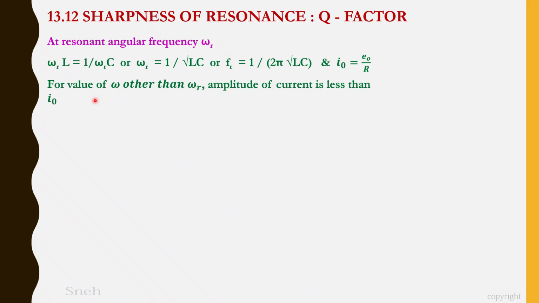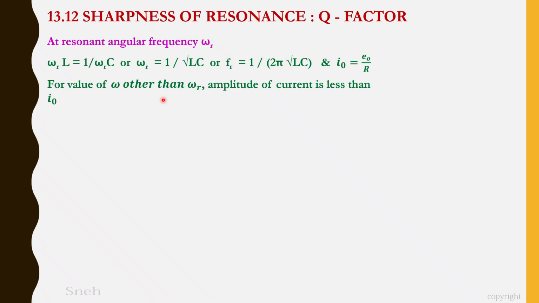But is it possible for all values of omega? No. For values of omega other than omega r, the amplitude of current is less than I0. The current's amplitude goes on decreasing. Its value is smaller than that of I0 for all other values of omega.